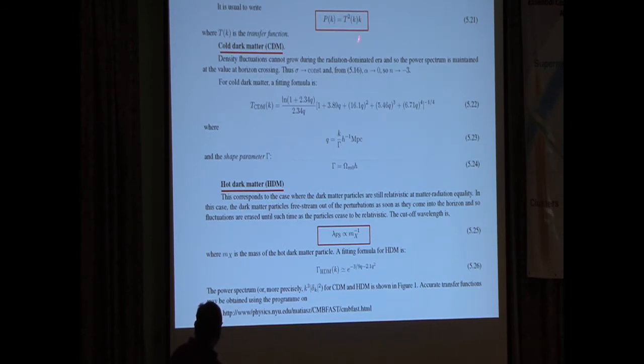And so it has this form. And this transfer function contains all the information about all this physics, which in turn encodes the nature of the dark matter.